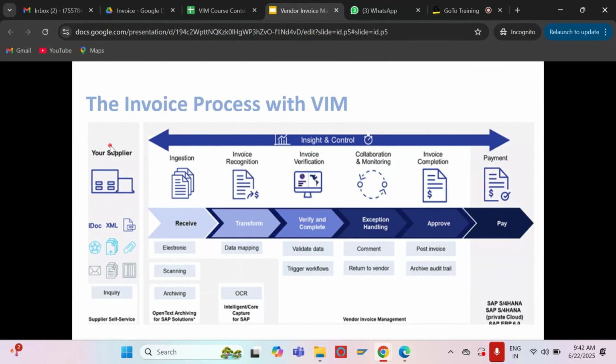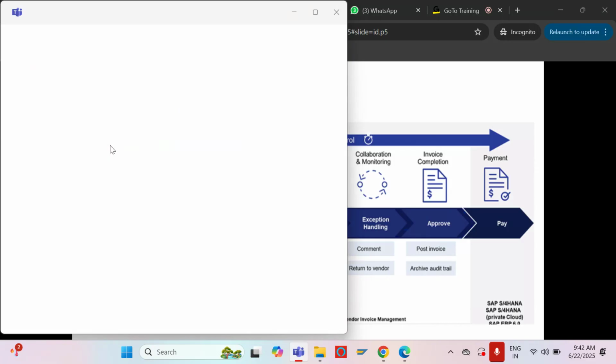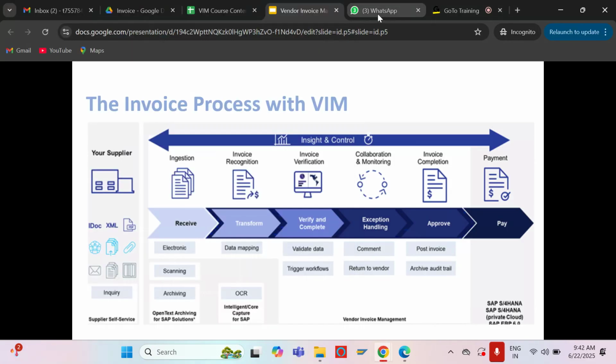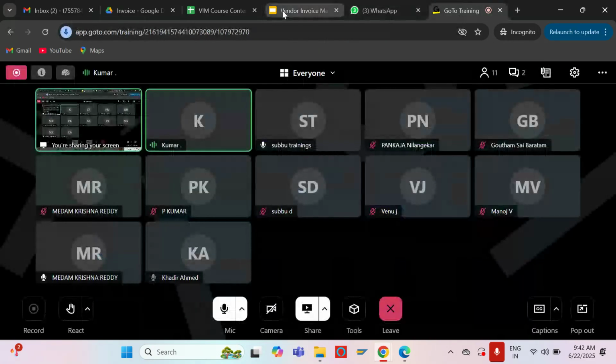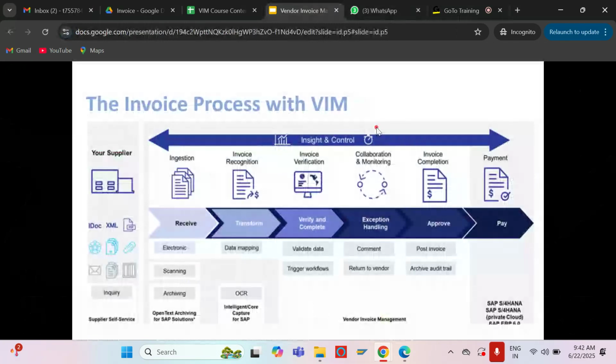The first flexibility with Vim is that they can either use XML to send the invoice, they can send the invoice in PDF, they can send it via iDoc if there is an interface, or they can send it through the Ariba network as well. So SAP Ariba network is also one of the channels from which the invoice can be received. So basically, at first we see that vendors have the flexibility to send the invoice in any of the formats or channels.